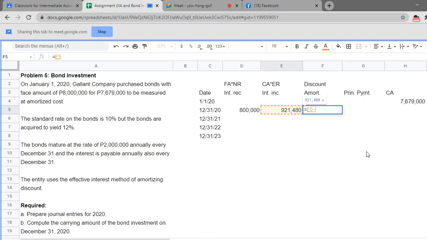The difference between the two will be the amortization of discount, which is 1,214.80. And our principal payment for the first year is 2 million. So, every year, natay 2 million nga madawatan as principal.